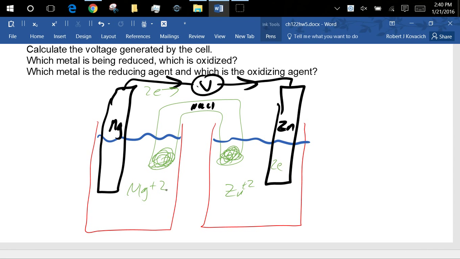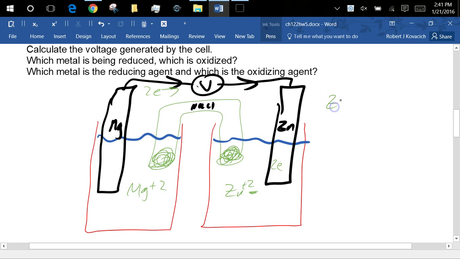Which metal is being reduced? No. I think you're confusing what is happening to the actual pieces of metal with the chemical term reduction and oxidized. So yeah, the magnesium bar is definitely disappearing. But when we talk about something being reduced, we're talking about the charge of that substance going down.